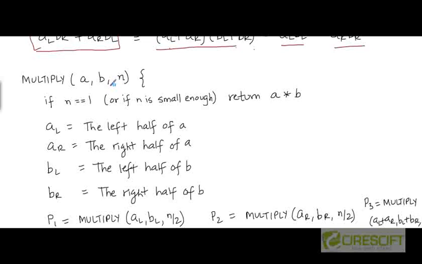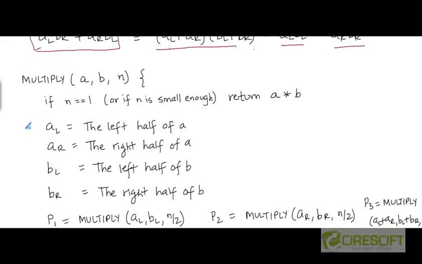So for simplicity, we'll assume that both these numbers have a length of exactly n. Now if n is equal to 1, or if n is small enough, say less than 16 or less than 32 or whatever the upper limit of the integer data type is in the programming language you're using, we could directly compute A times B by using the inbuilt multiplication operation, which runs in a constant amount of time.